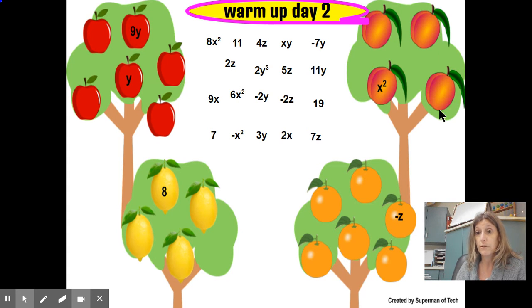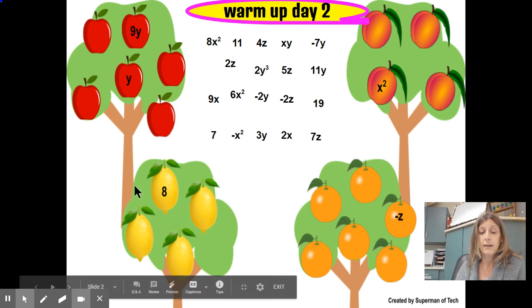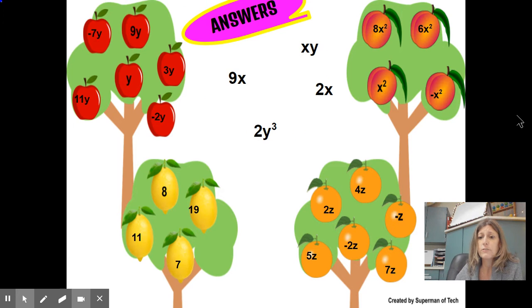So this is a tree of x squared. Looks like just numbers here, constants. And here we have z's. So your completed trees should look like this, any order. The x, y, and the y cubed didn't have a tree. We can't combine them with anything else, so they did not have a place.